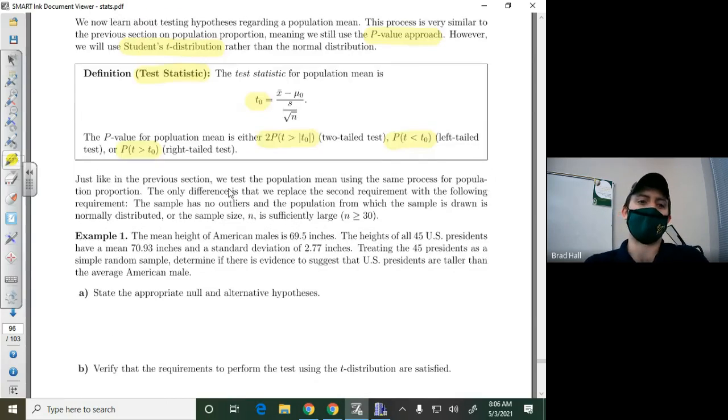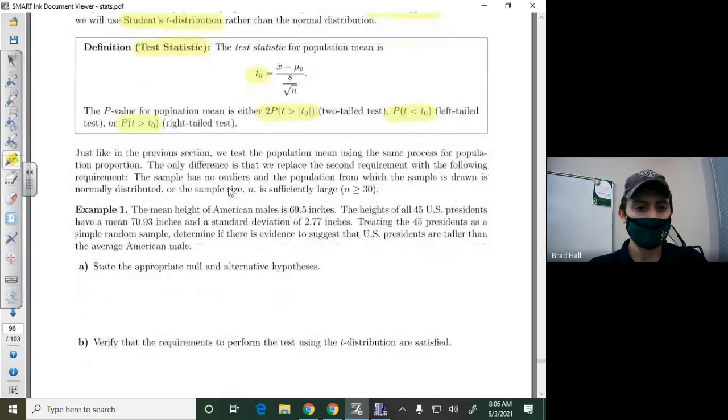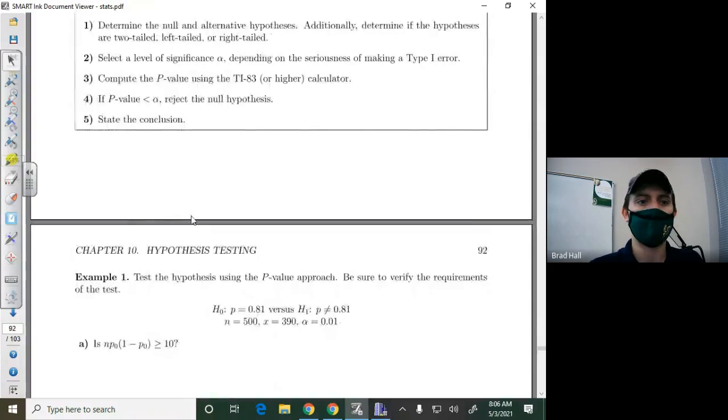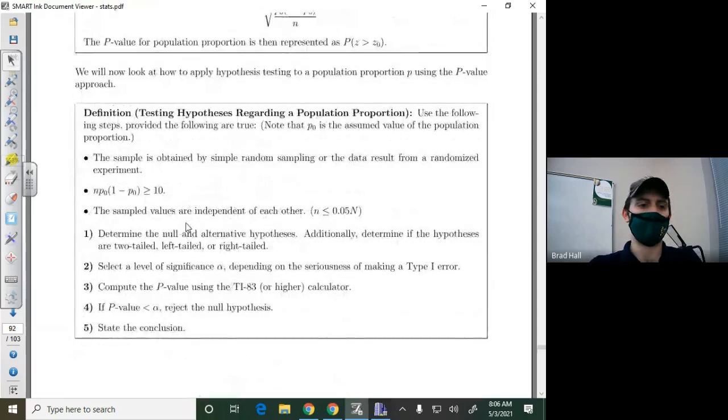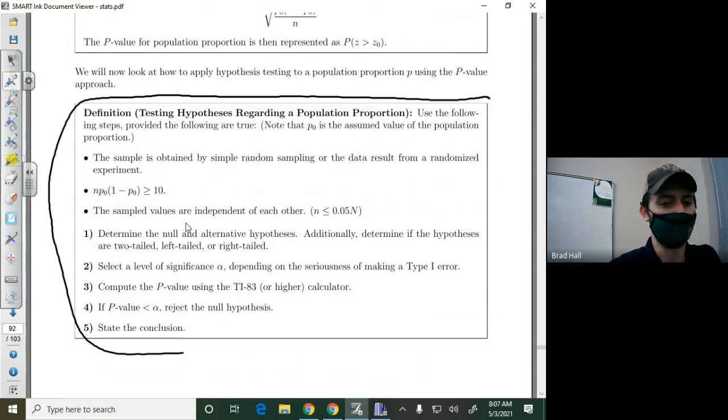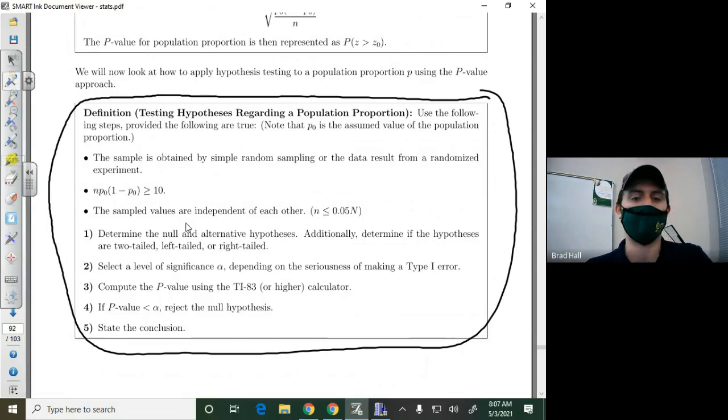one thing that I want everyone to notice, so I'm going to scroll up real fast. When we were in the previous section, we talked about all of these steps for testing a hypothesis, and that was for the population proportion.